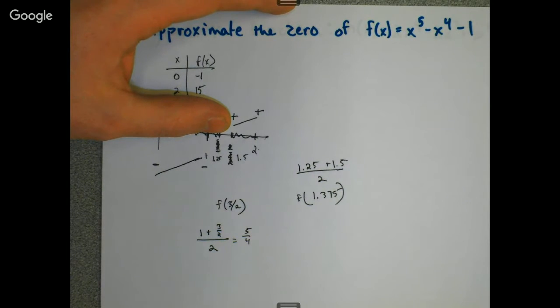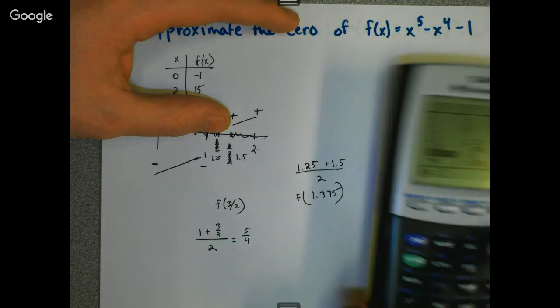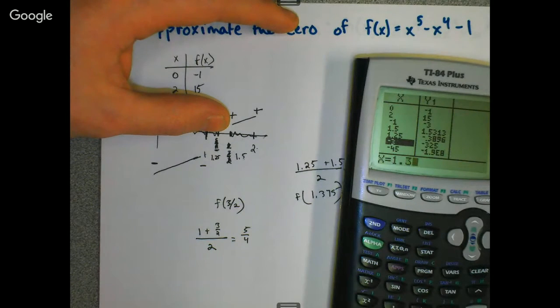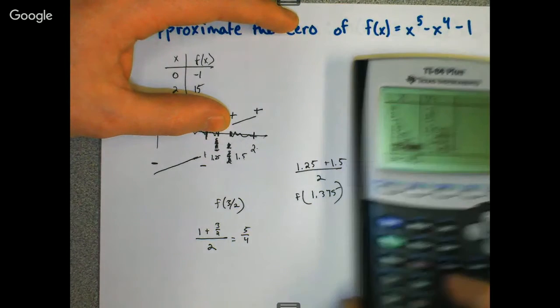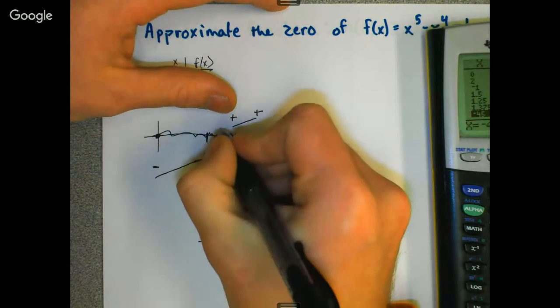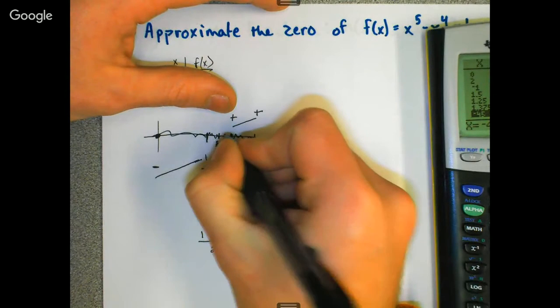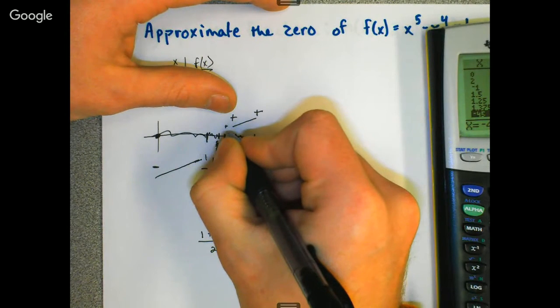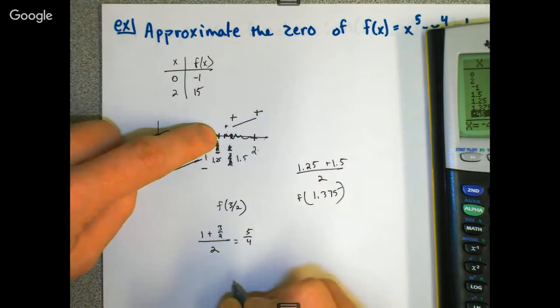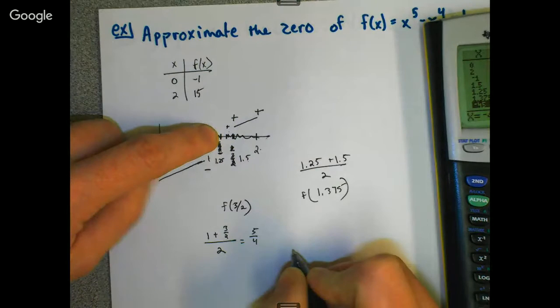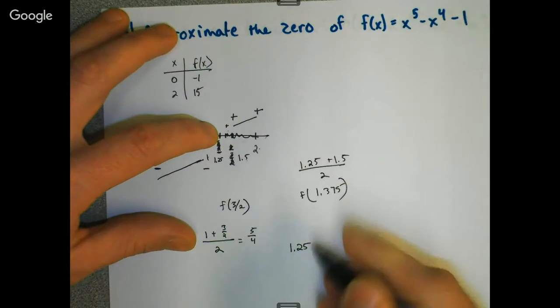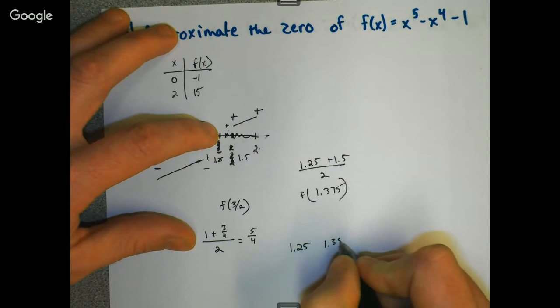If I go to my table and I plug in 1.375, I get a positive number. So we split this in half, and we get a positive number. That marks that section out. So I know that my 0 is between 1.25 and 1.375.